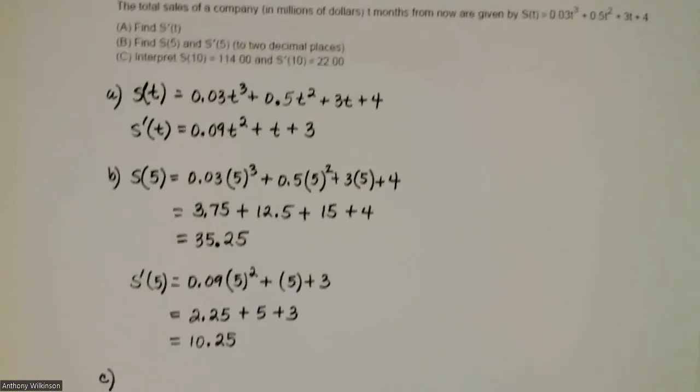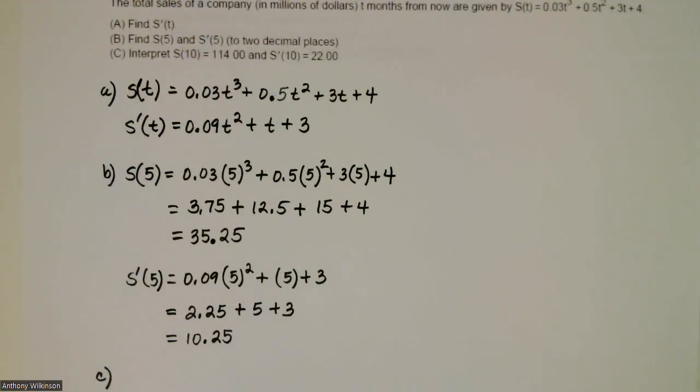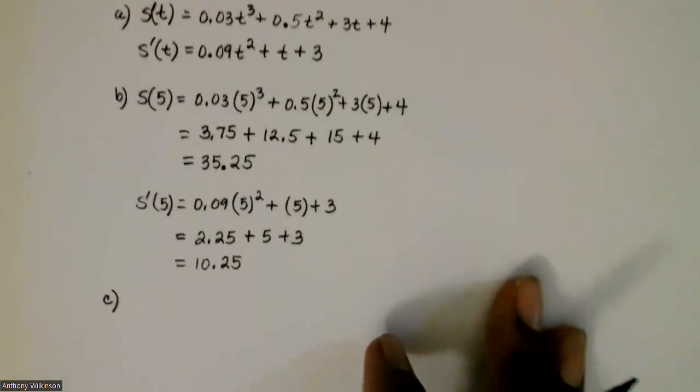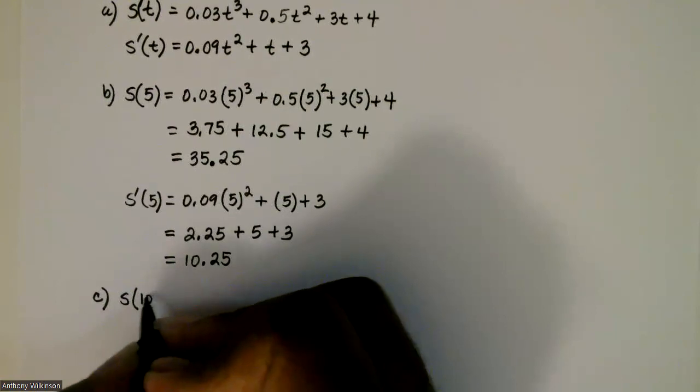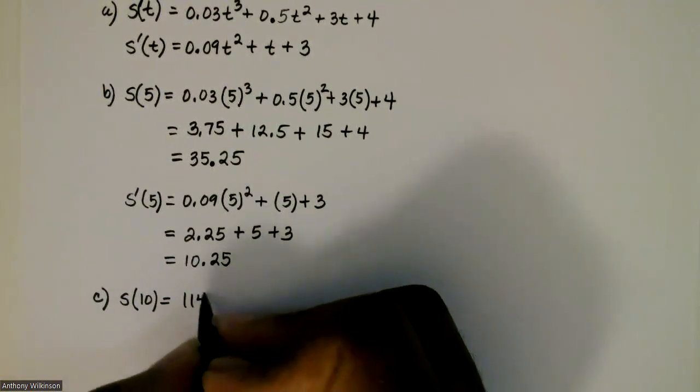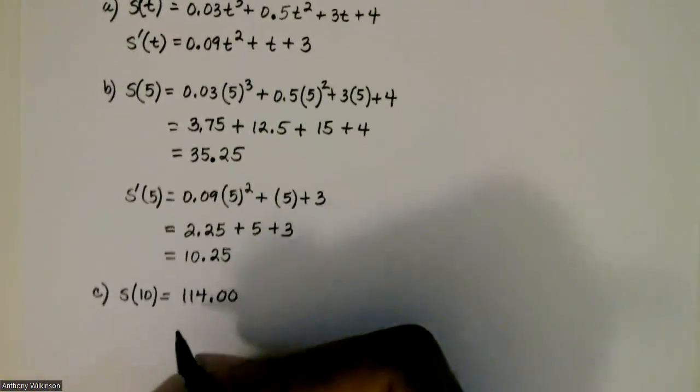Now, part C, they want you to interpret S of t equal to 114.00 and S prime of t equaling 22. So here we go. S of 10 equaling 114.00, it means this.